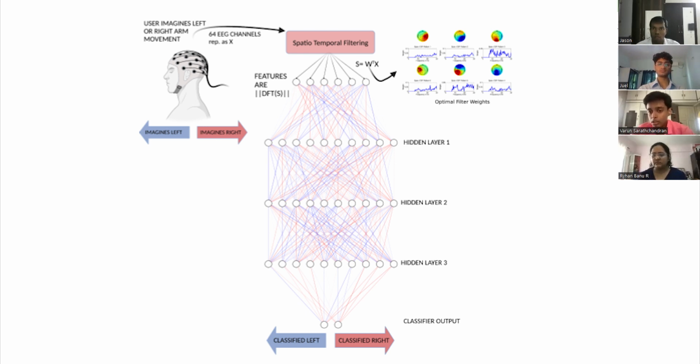On the top right, you see the circles are spatial filters, which parts of the brain are highlighted by that weight, and below are the frequency filters. So each channel is multiplied by these filters, these weights, to obtain the features, and then they're put through a simple neural network classifier to detect whether they're left or right. The entire process is trained through an offline paradigm initially and then deployed online.